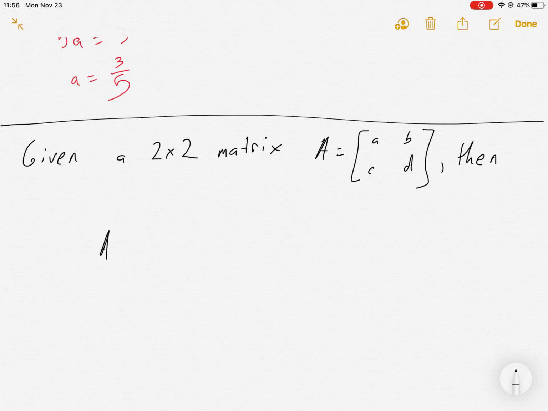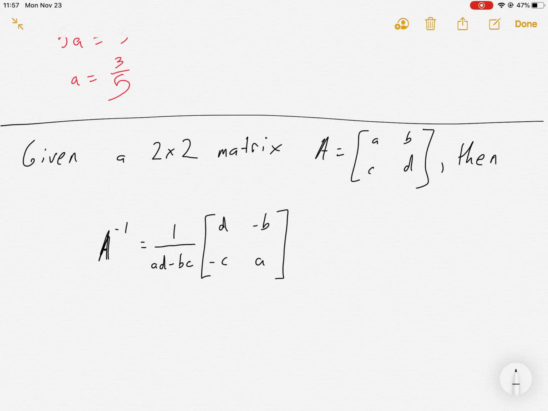Then its inverse, if it exists, which I'll come back to later, is in the form D and A switch, and then B and C are in the same spot, but they take on a negative. And then out front, I've left a little room. There's actually a scalar multiple of this matrix. It's 1 over A times D minus B times C.